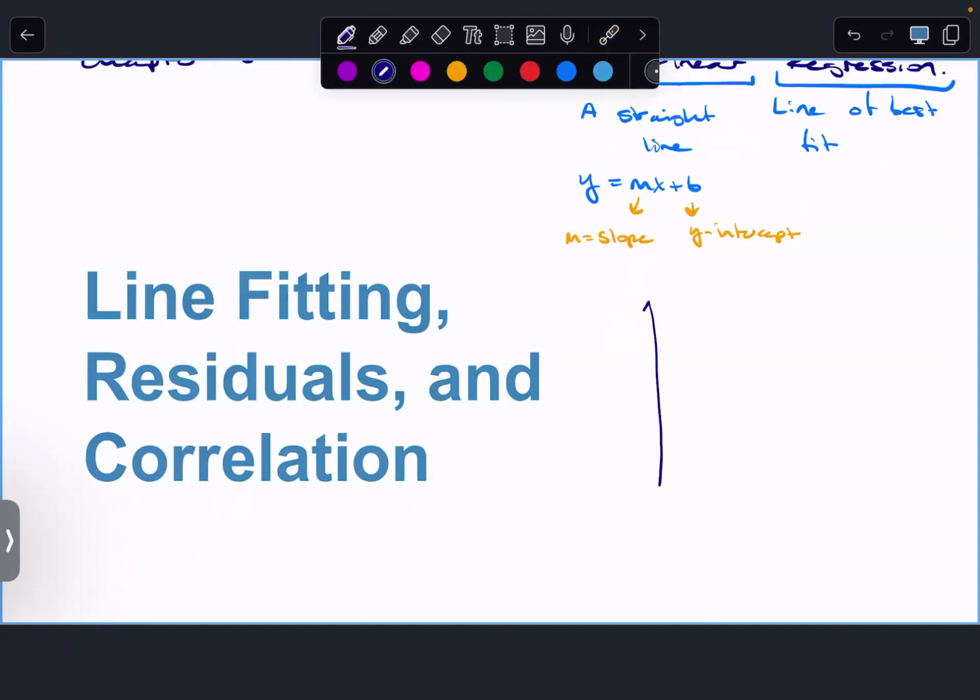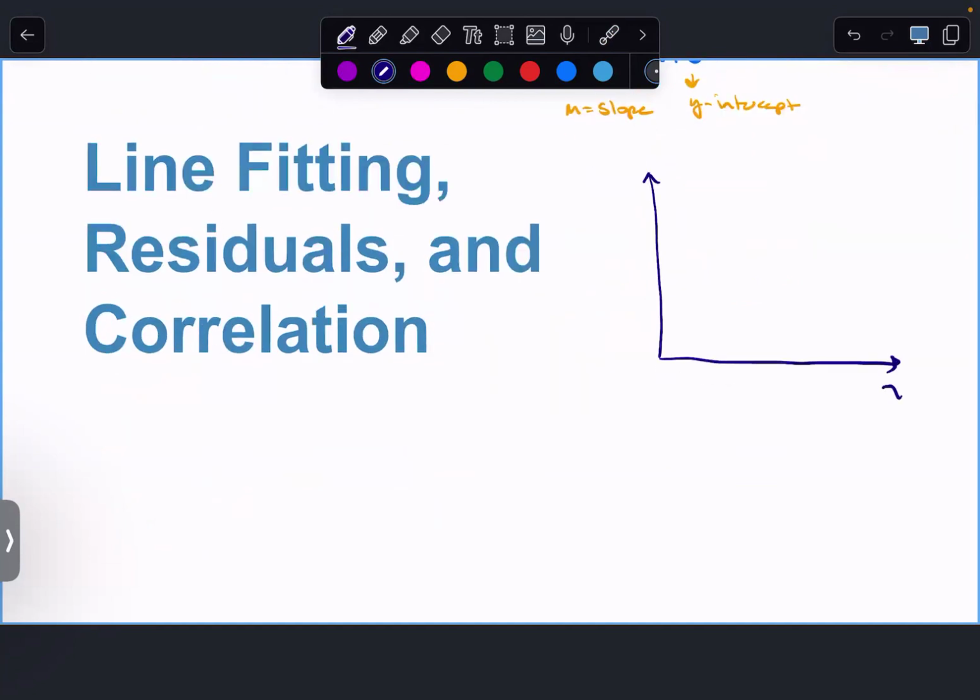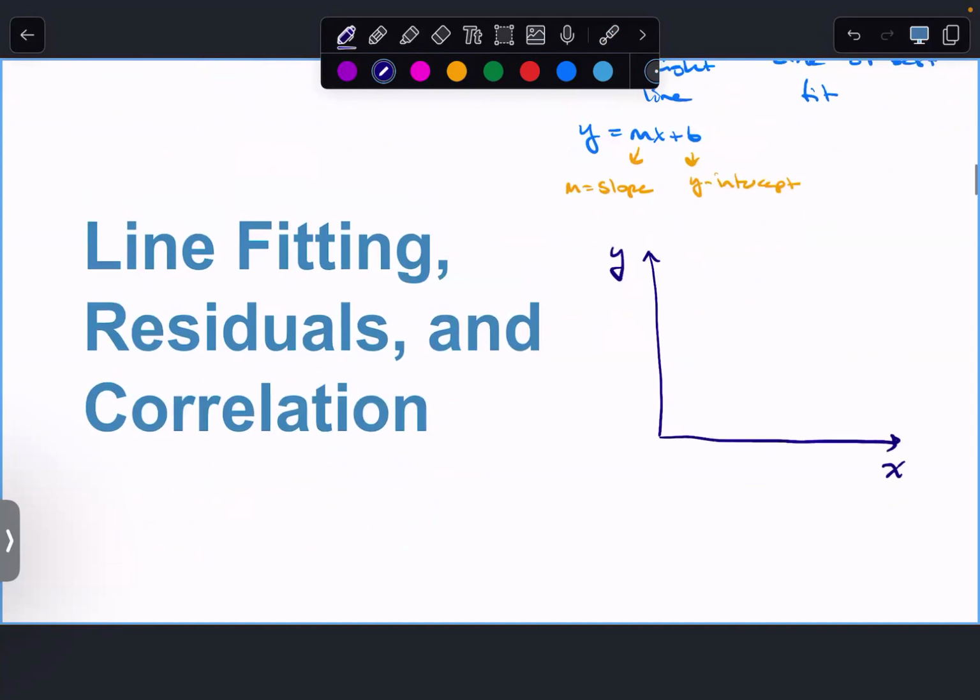If we have a straight line, it's kind of implied that we have some sort of scatter plot, right? We have some relationship between a value x and a value y. Otherwise, it's hard to fit a straight line. So what if we have something that looks like this? I remember in chemistry 11 or 12, we made a scatter plot like this, which we absolutely could do by hand.